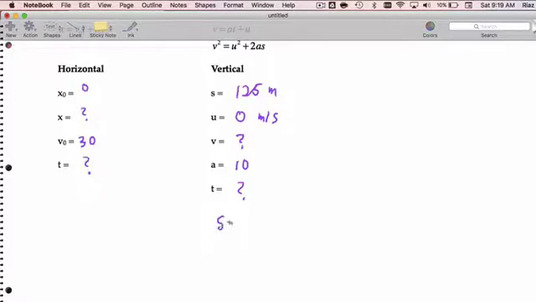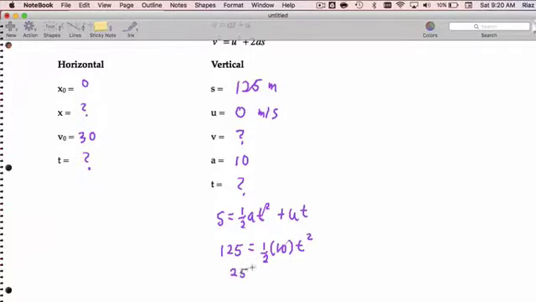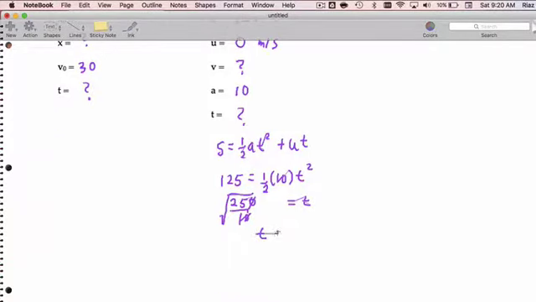S equals 1/2 AT squared plus UT, so 125 equals 1/2 times 10 times T squared, and that's 250 divided by 10 is T squared. We square root that to get T, so we get a time of 5 seconds.